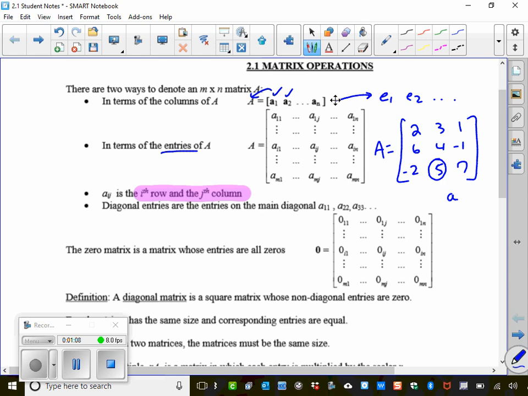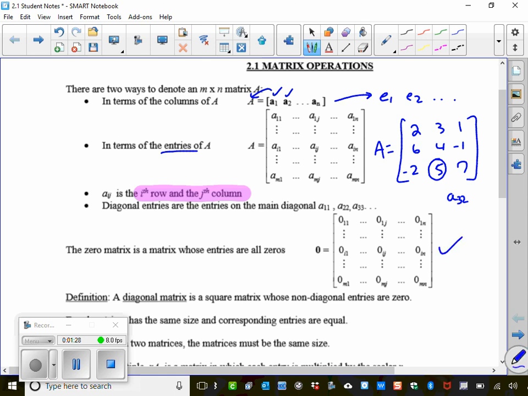Well, it's the third row, and it's the second column. So that's spot A32. So not A thirty-two, it's A third row, second column. And if somebody's talking about it, you start to see little things like that. So it's a definition.